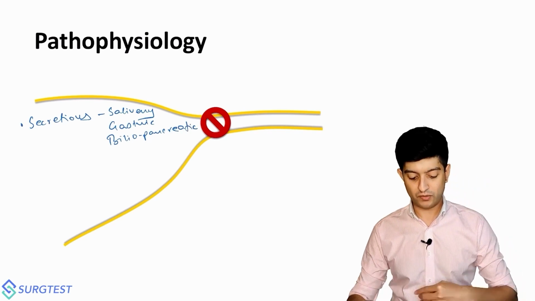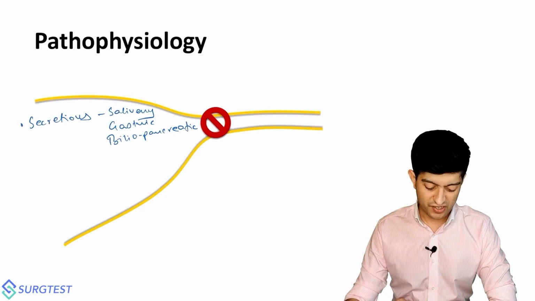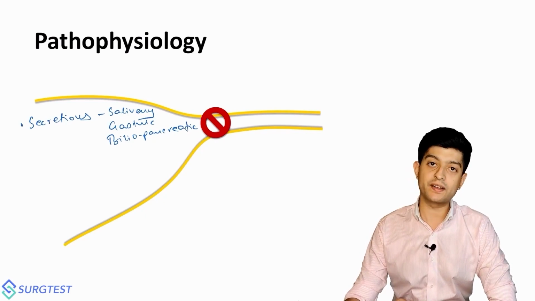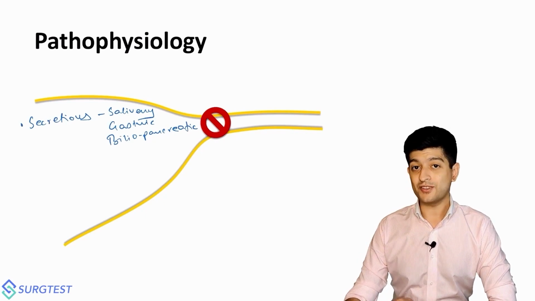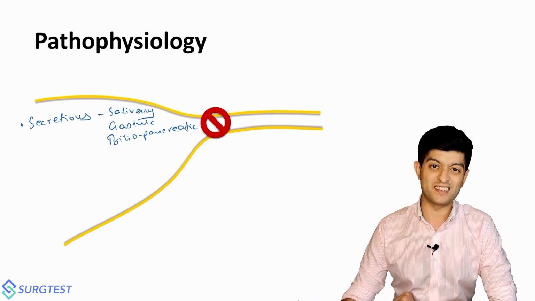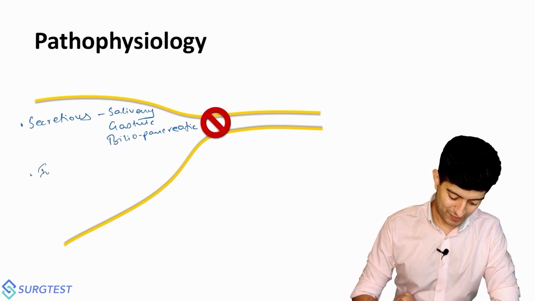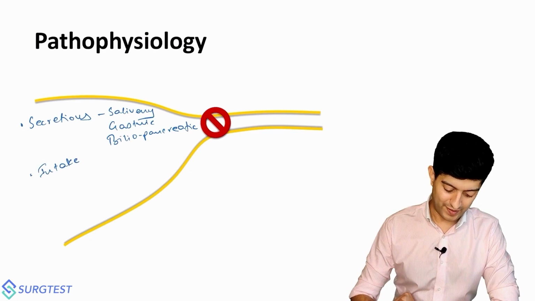If you just think about what the secretions are like, salivary secretions are 1 liter a day, gastric secretions half to 1 liter, biliopancreatic about 1.5 liters a day. Just by itself, there's a tremendous amount of volume that's coming into the intestine, even if the patient isn't eating or drinking, right? On top of that is the patient's intake.